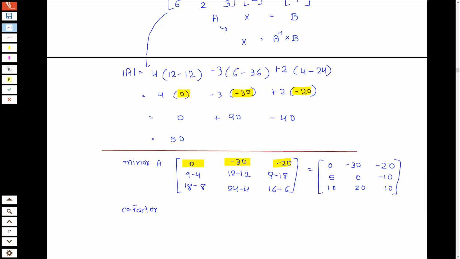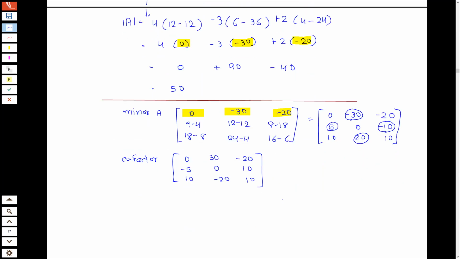So next is cofactor matrix. So how to find cofactor? Change these 4 position signs. So it will be 0 plus 30 minus 20, minus 5 0 plus 10, 10 minus 20 and 10. Then my next step is to find adjoint matrix of A by interchanging row and column.